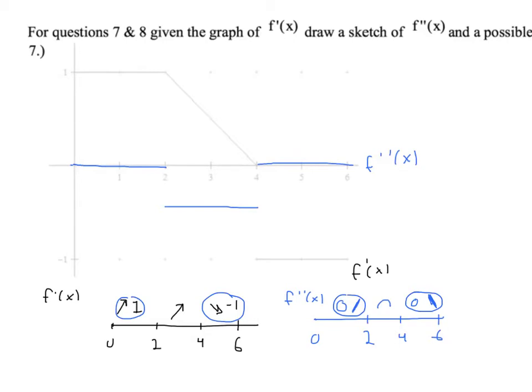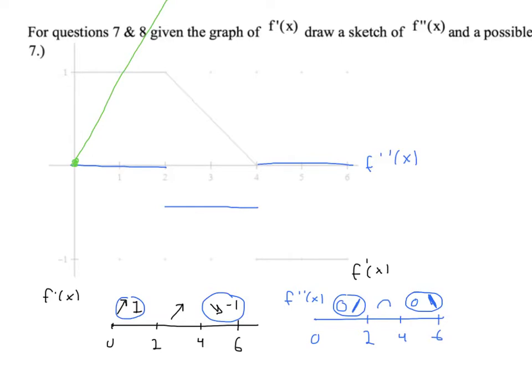Okay, so now let's try and draw this function. It could be anywhere vertically. I'm going to start it here because I know that if it has a slope of 1, that's going to be off the graph. That's okay. So if it has a slope of 1, it's going to go here to here.